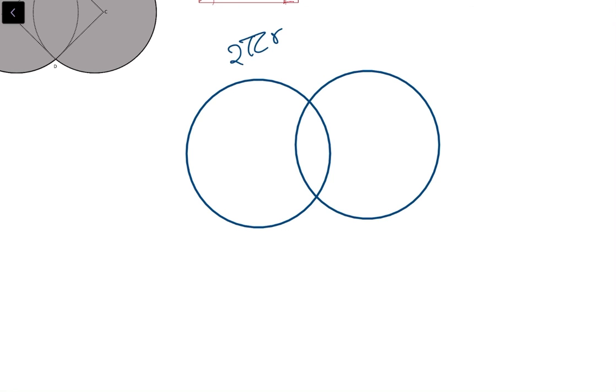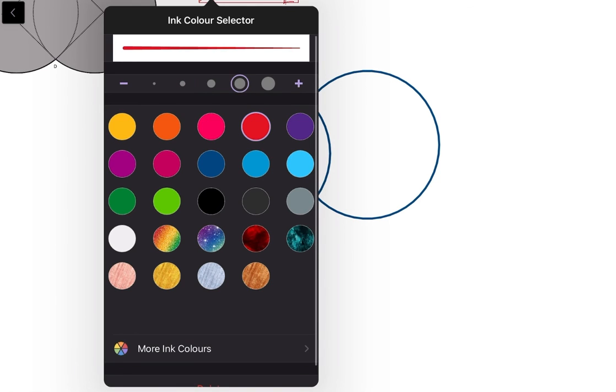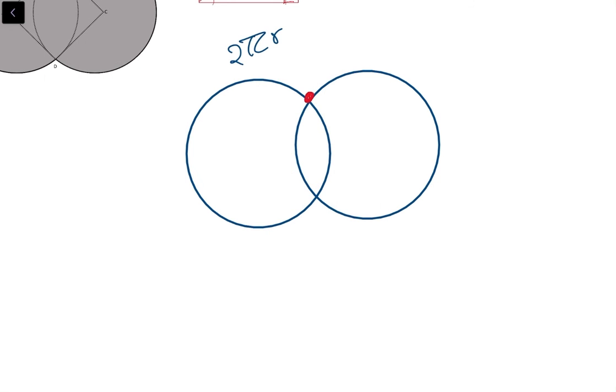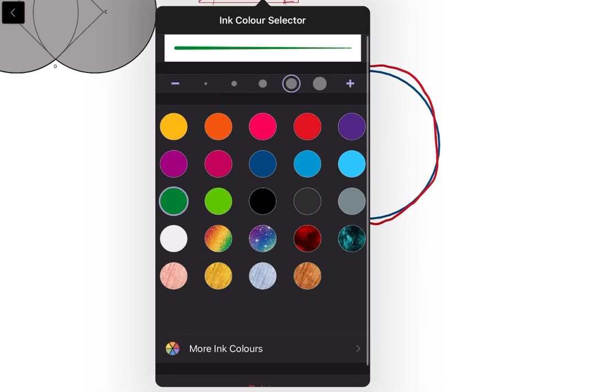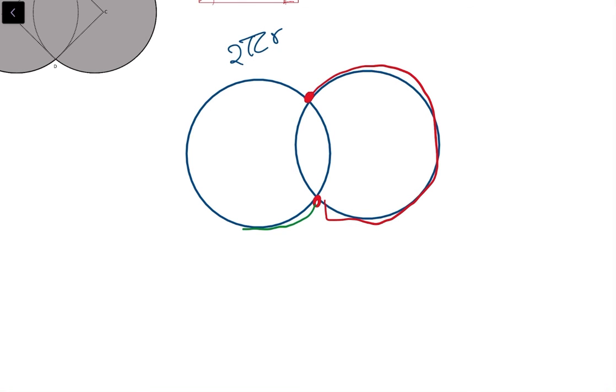The perimeter would be from this point all the way around this arc up to here, and then from here you go along the outer arc of the other circle like this. What you are not supposed to do is add the length of these inner arcs, since we are talking about the perimeter.